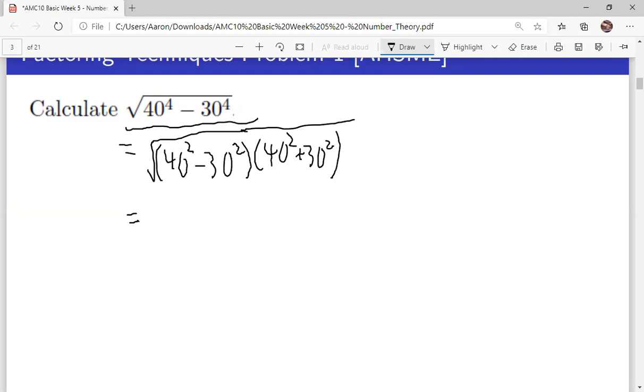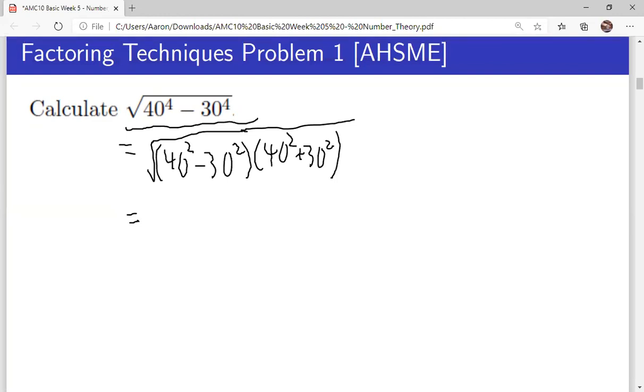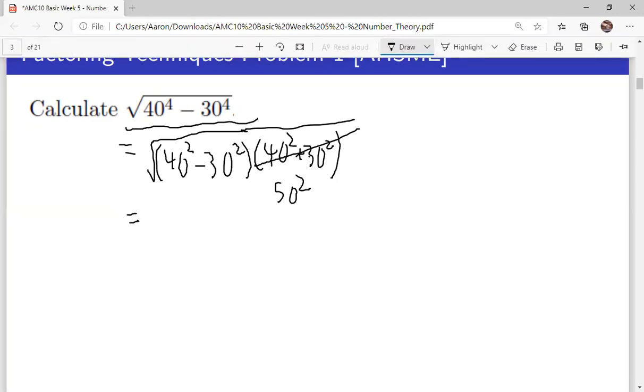And by the Pythagorean theorem, or whatever you want, you can see that 40 squared plus 30 squared is 50 squared. You can also verify this manually, but you can just remember it's a 3, 4, 5 Pythagorean triple.